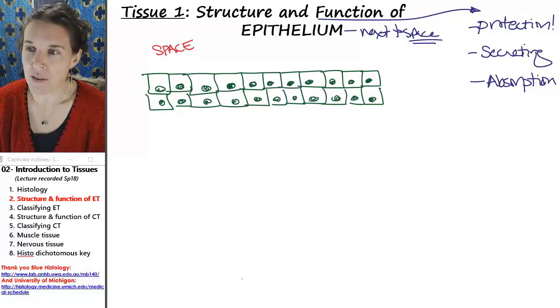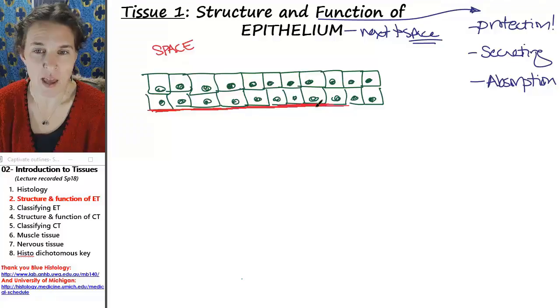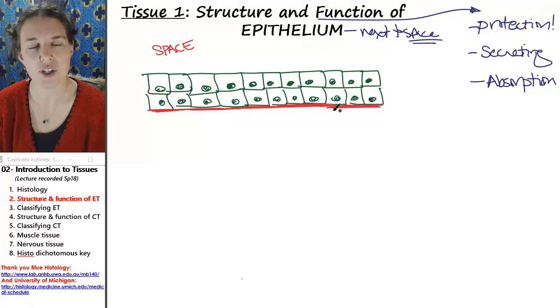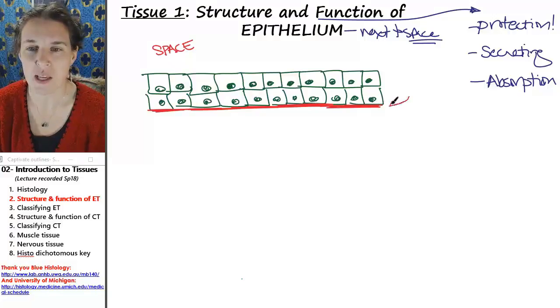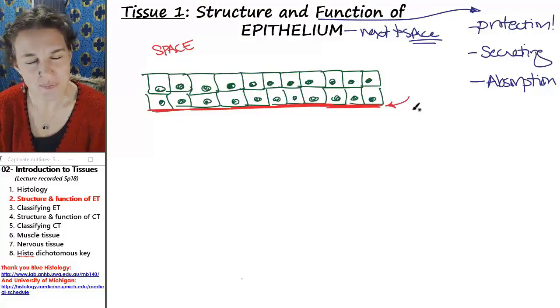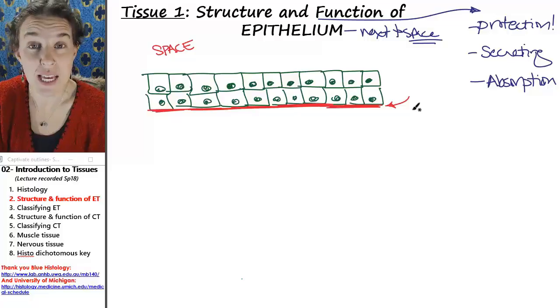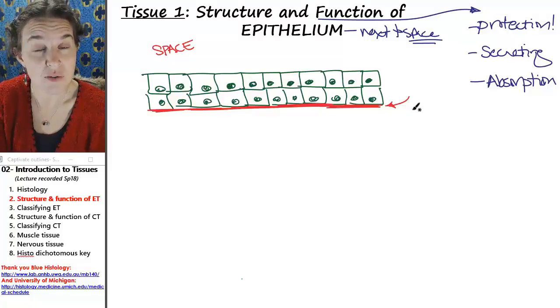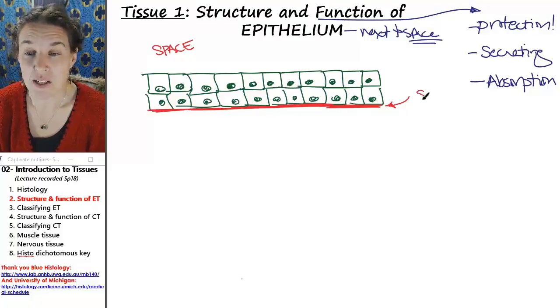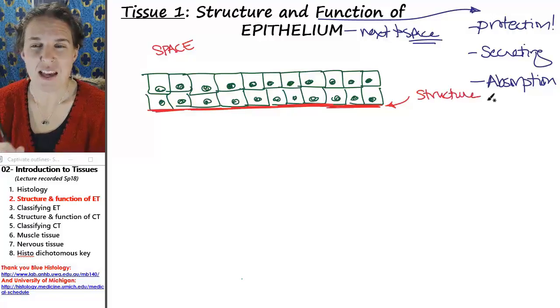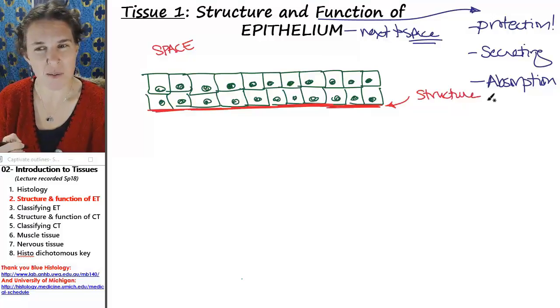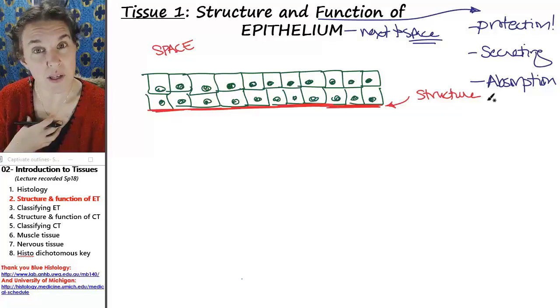I'm going to draw another structure that's really important that is associated with epithelial tissues. I sort of feel unfortunate about my choice of color. This is a structure that is associated with epithelial tissue. I'm going to jot down that it's a structure, just so you know that's how I would ask you about it.